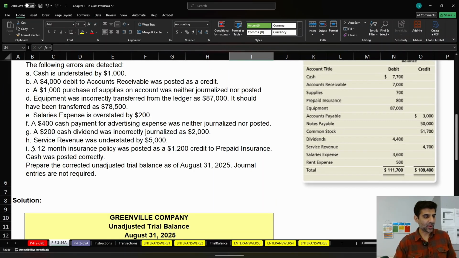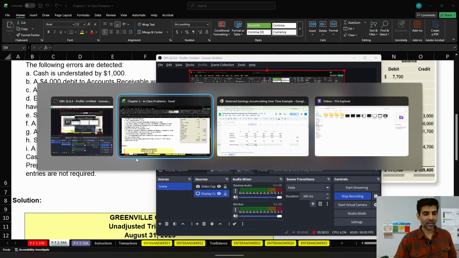And then this last one, a 12-month insurance policy was posted as a $1,200 credit to prepaid insurance. Cash was posted correctly. So this one, you need to do a little meta, okay? What should the journal entry have been for this? Okay, so it's prepaid insurance and cash. And it's saying that the cash was correct.